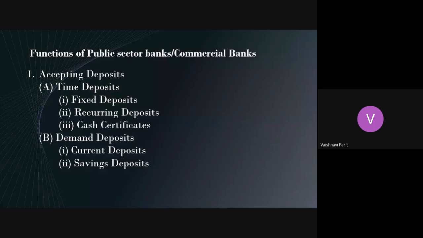Current deposits and savings deposits are the major types. Together they are called DTL, the demand and time liabilities of a bank. The deposits in total are called the demand and time liabilities of a bank.